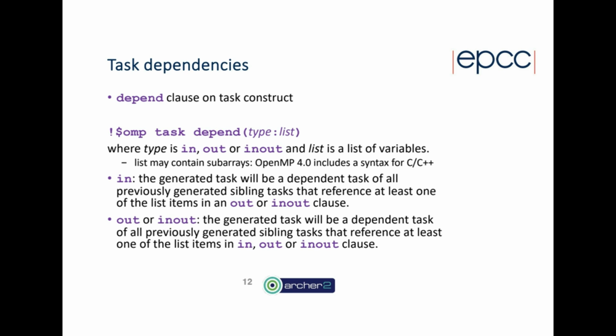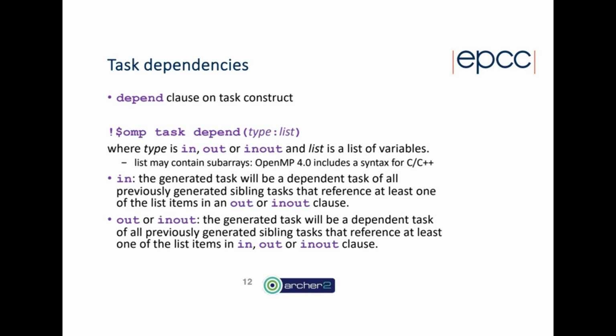So the task construct takes a depend clause, and the dependencies are essentially expressed on addresses. The idea is that you are specifying the variables which those tasks are accessing.